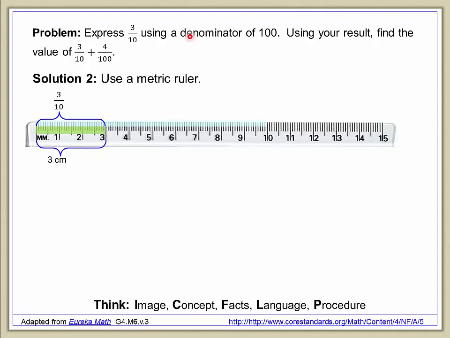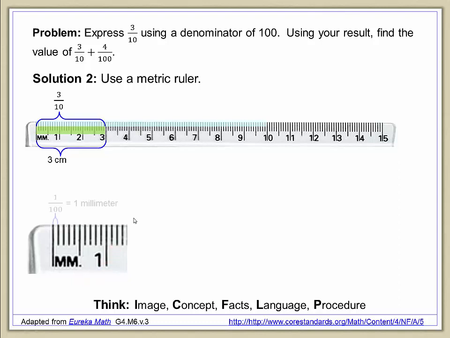So now we want to express this using a denominator of 100. We're going to need to look a little deeper here and zoom in on this. Here's a tenth here. So if this is a tenth of our decimeter, then a hundredth is a tenth of that, which is a millimeter. So our hundredth unit now is 1 millimeter.